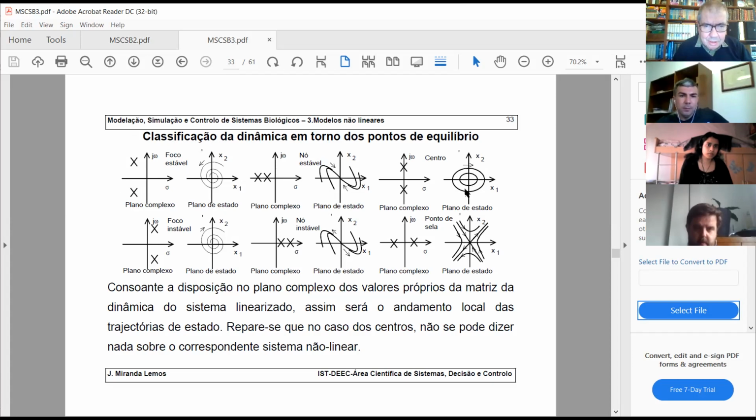Let's start by the end. If you have two pure imaginary poles, two imaginary eigenvalues, then you have cosine plus j sine and cosine minus j sine, so you have pure oscillations.